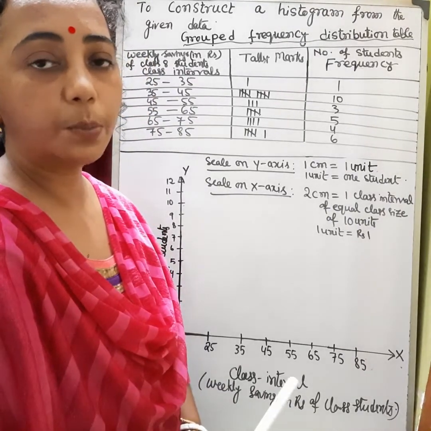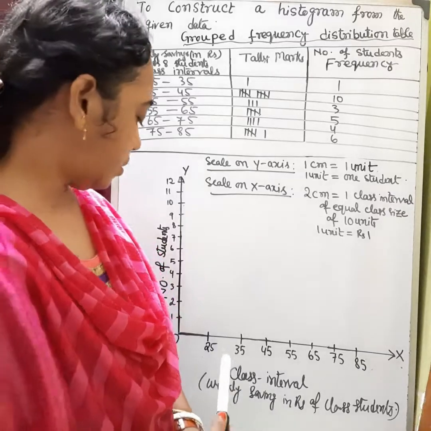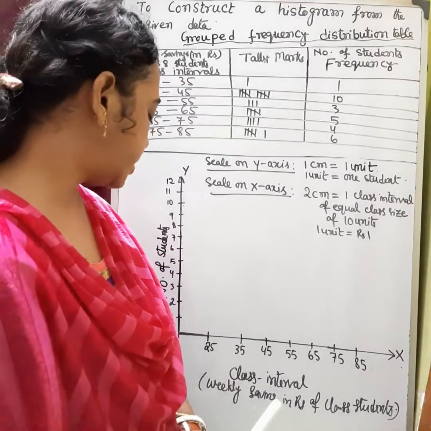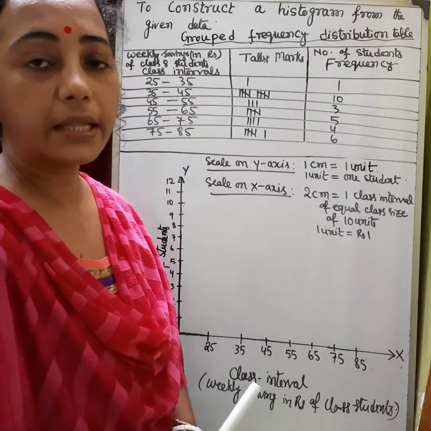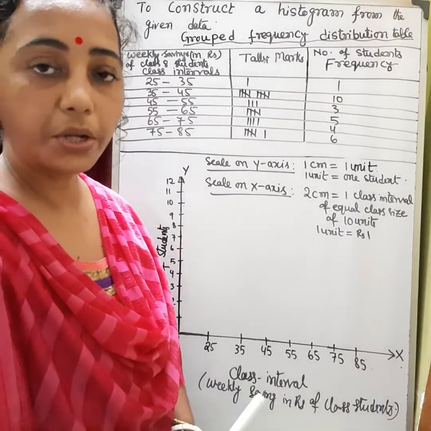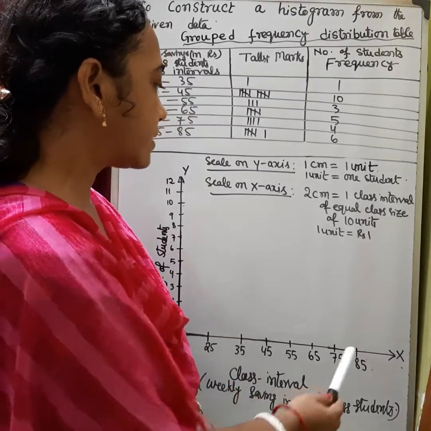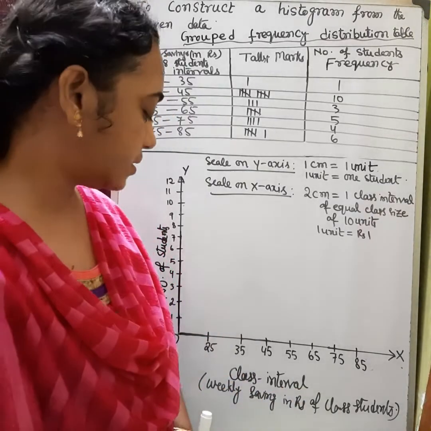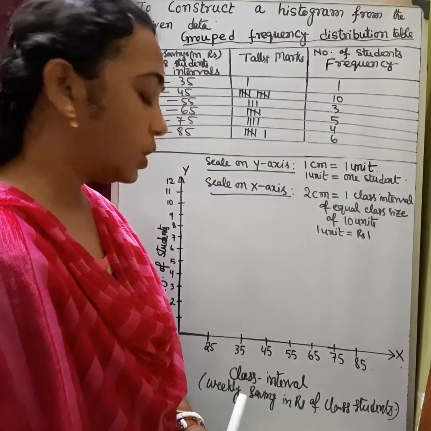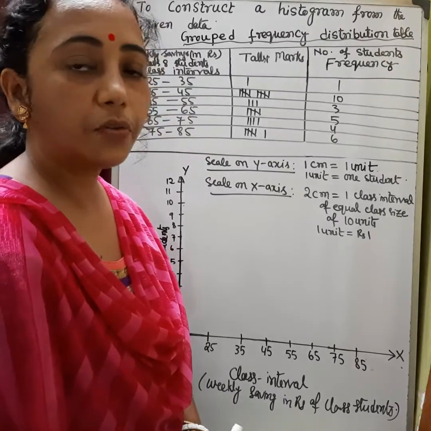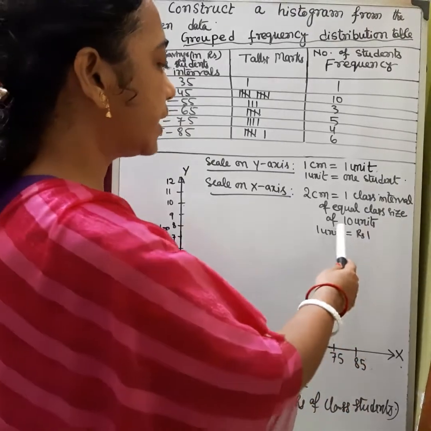So on the y-axis, with the help of the scale, we take 1 centimeter length and consider it as 1 unit, which is already shown here. Similarly, on the x-axis we choose the scale as 2 centimeters equal to 1 class interval of equal class size of 10 units.